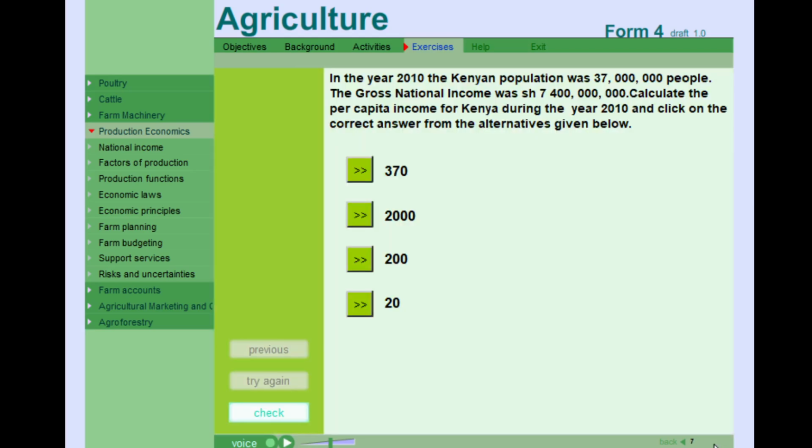In the year 2010, the Kenyan population was 37 million people. The gross national income was 7,400,000,000 shillings. Calculate the per capita income for Kenya during the year 2010 and click on the correct answer from the alternatives given below.